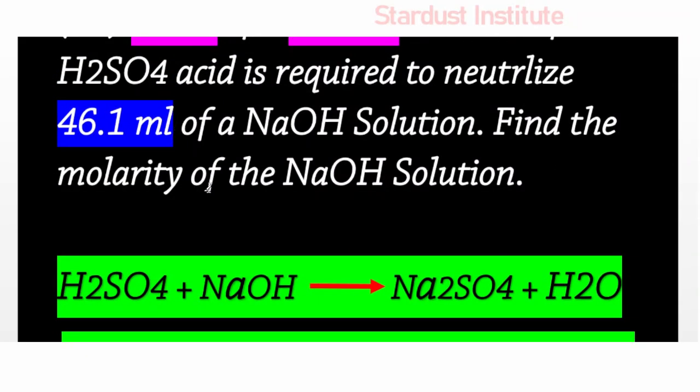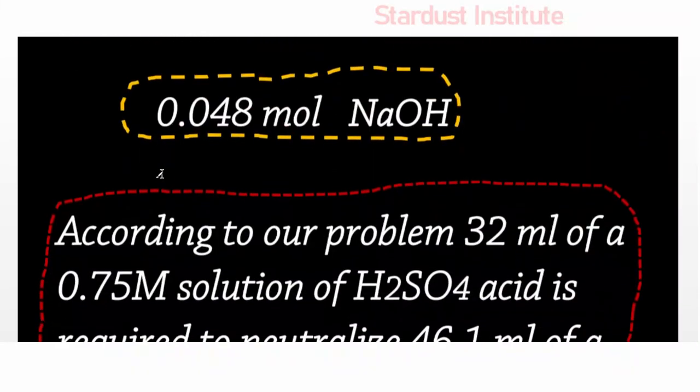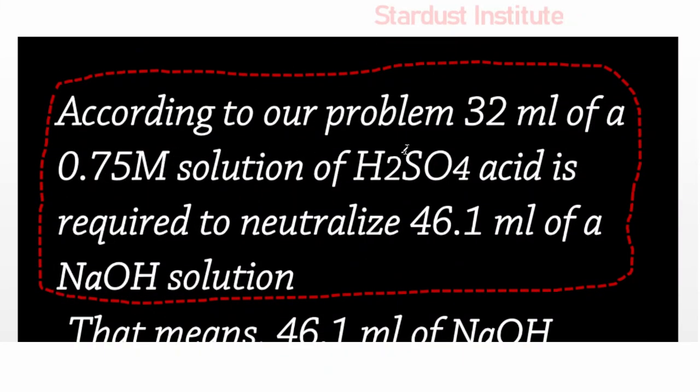According to our problem, 32 milliliters of a 0.75 M solution of H2SO4 acid is required to neutralize 46.1 milliliters of a NaOH solution.